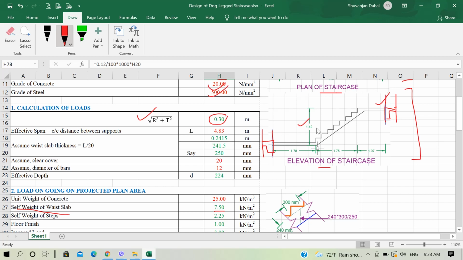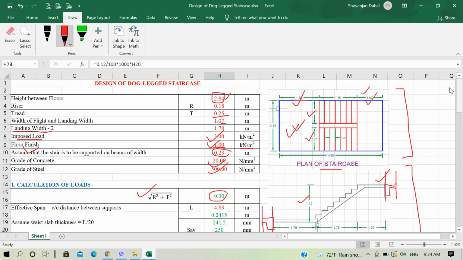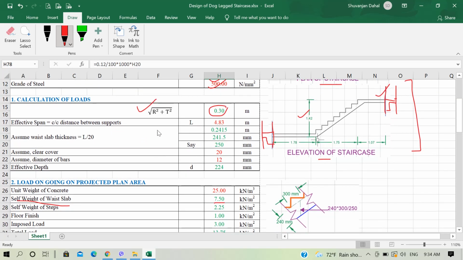For our staircase, which is a dog-legged staircase supported on two beams on the sides, that means we have a beam underneath this section here and a beam underneath this section here. So our landing slab is supported on two beams and our staircase is spanning longitudinally. For this type of staircase, our center to center distance between the supports will be our effective span.